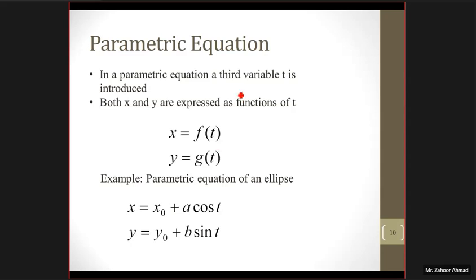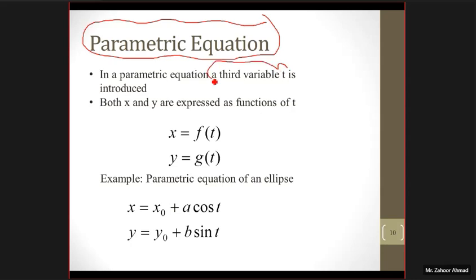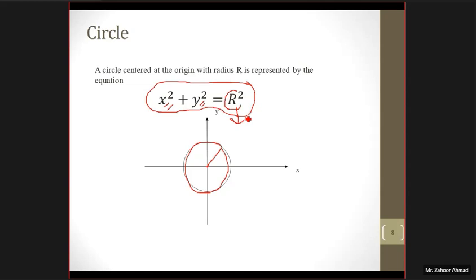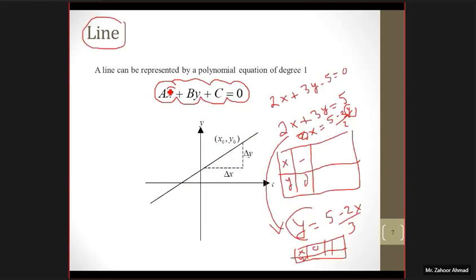Now we have some equations we call parametric equations. What is a parametric equation? In a parametric equation, we are going to use a third variable. In the previous equations, we use only two variables, x and y.